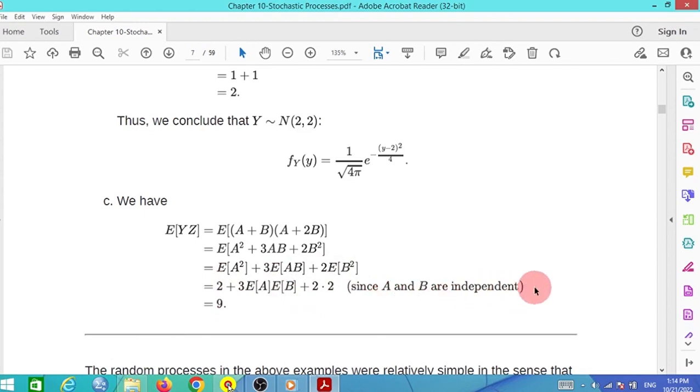Since A and B are independent, this is 2, this is 2, this is 1, this is 1. Calculate, you get 9.